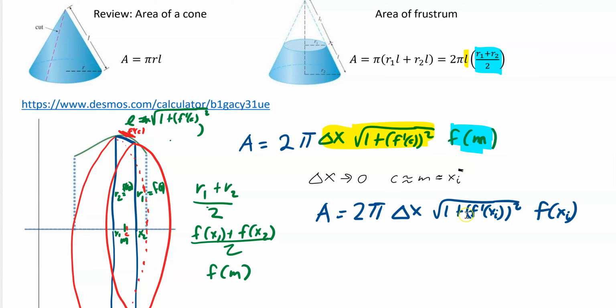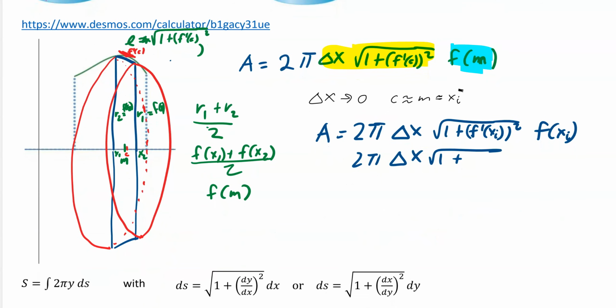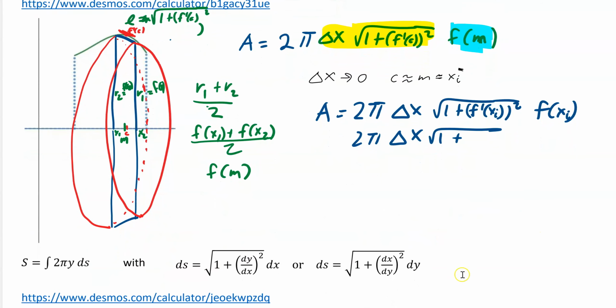So now we have the same value right here and here. And so we can now just say that this is 2 pi delta x square root 1 plus, and we're going to convert it now into our formula, which is down here. You can see that we have this. And so I'm just going to put an arrow as this becomes this as we go off to infinity.